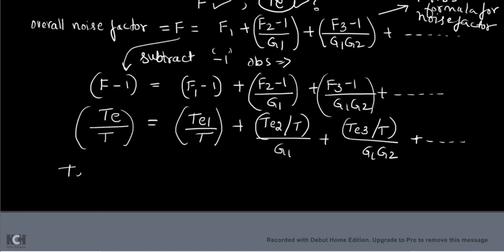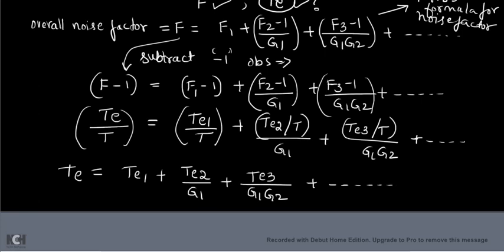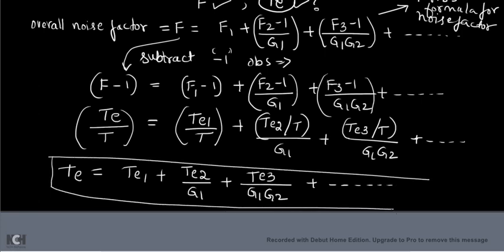You will get capital TE equal to TE1 plus TE2 divided by G1 plus TE3 divided by G1, G2 plus so on. This expression gives you the total overall noise equivalent temperature of the amplifiers which are connected in cascade.